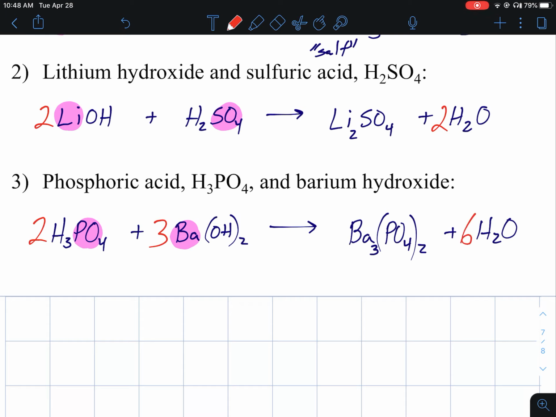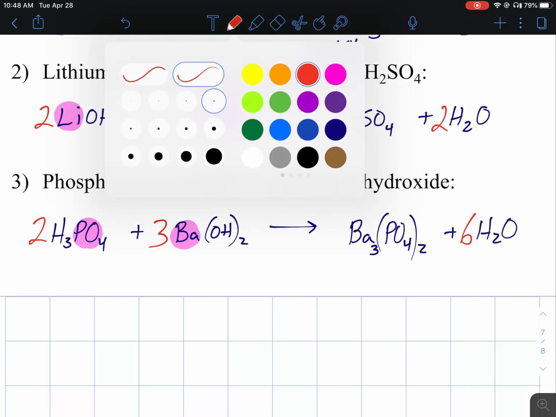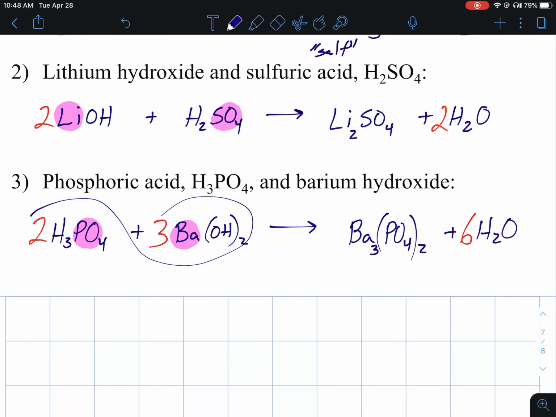So I'm going to need to put a 6 there to give myself 6 free oxygens. And with any luck, I should have 12 hydrogens on the left side. I've got 6, and then 3 times 2, I've got 6, so that's 12. So it's balanced out. If you were to do a calculation with this, it'd be an even more complex ratio. It'd be a 2 to 3 ratio.